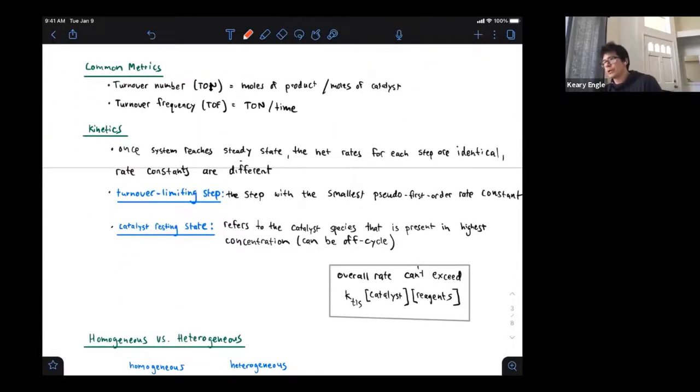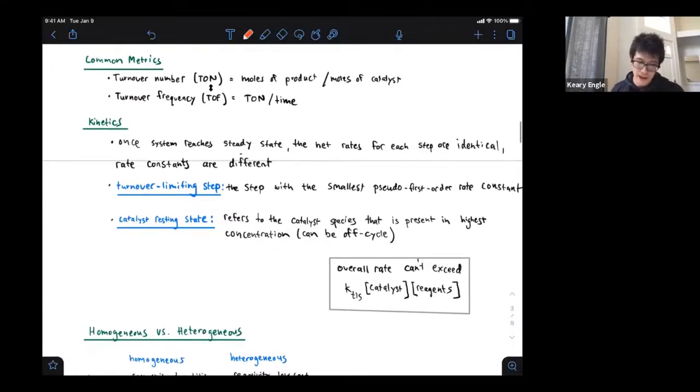And here we'll just define terms that we'll see throughout class. Common metrics that are used to quantitate catalyst performance are turnover number, basically the number of times you go around the circle, and that's calculated just by the moles of product divided by the moles of catalyst.